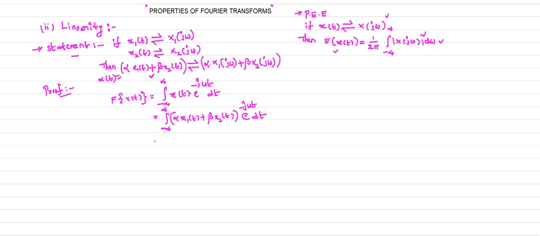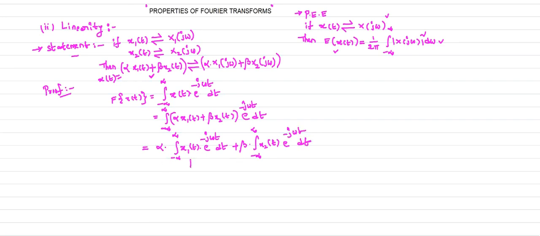Now rearranging this expression, taking alpha outside because it is a constant, alpha times the integral from minus infinity to plus infinity of x1 of t e power minus j omega t dt, plus beta, which is also getting outside, times the integral from minus infinity to plus infinity of x2 of t e power minus j omega t dt.